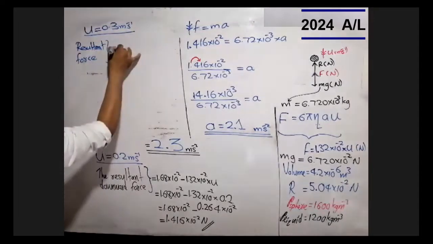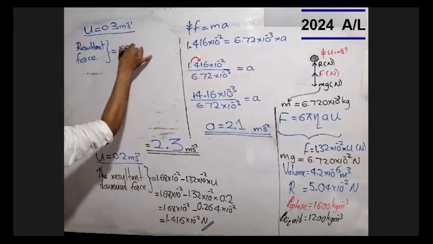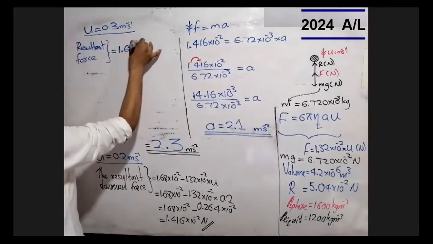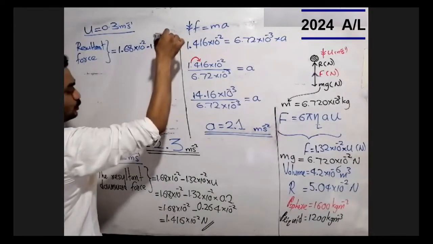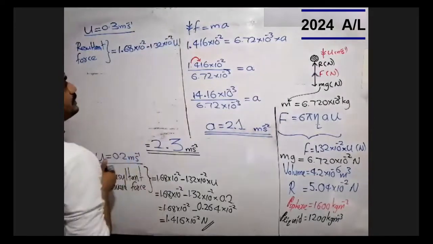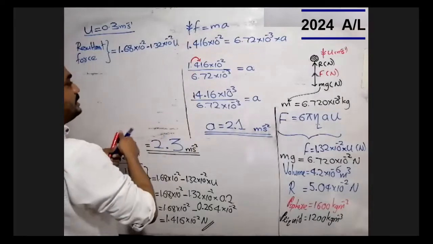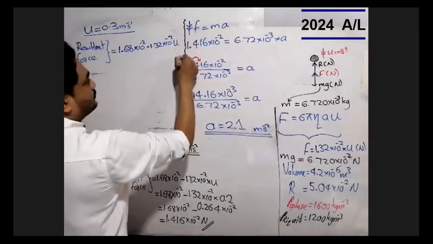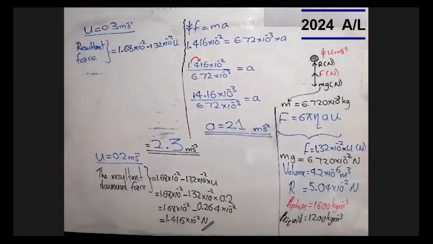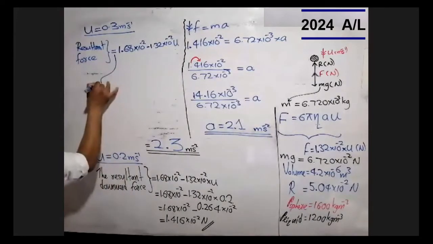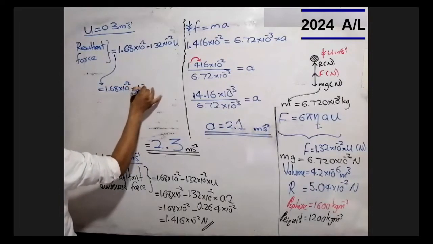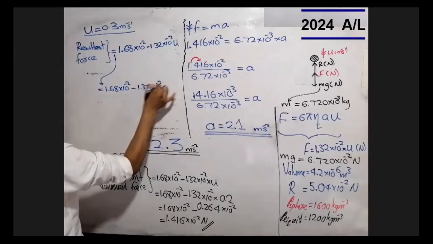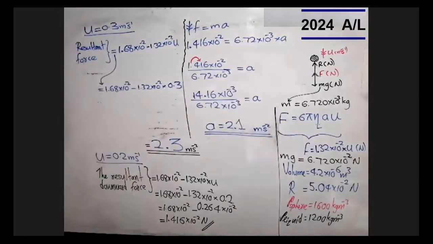The resultant force equation is 1.68 into 10 to the power minus 2 minus 1.32 into 10 to the power minus 2 times u. U is now 0.3. Try to find the resultant force.